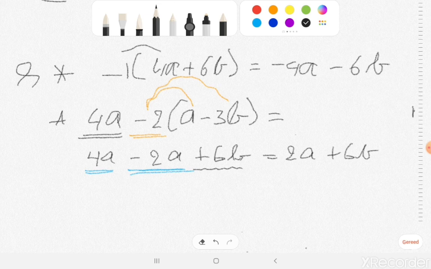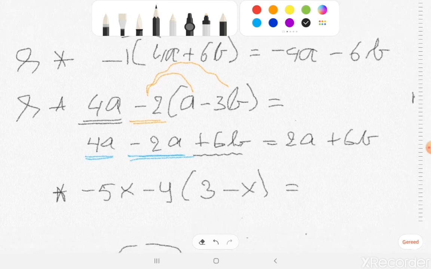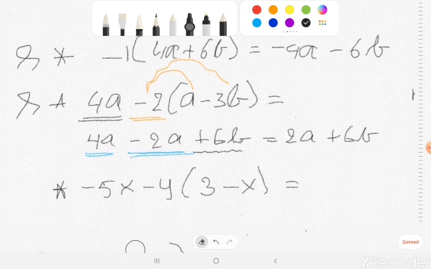And then we have another example, the last one. Let me look at minus 5x minus y, 3 minus x inside the bracket. Now here we do almost exactly the same as in the previous example. So we do nothing with the minus 5x, we just copy it to the next line, minus 5x.